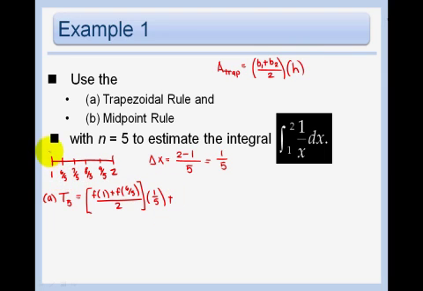So here's T1, basically, the first trapezoid, and here's the second trapezoid. Here's the third trapezoid. I would use those two. The fourth trapezoid, and then the fifth trapezoid.